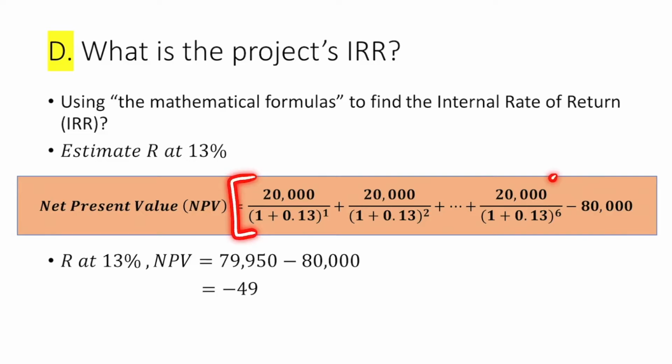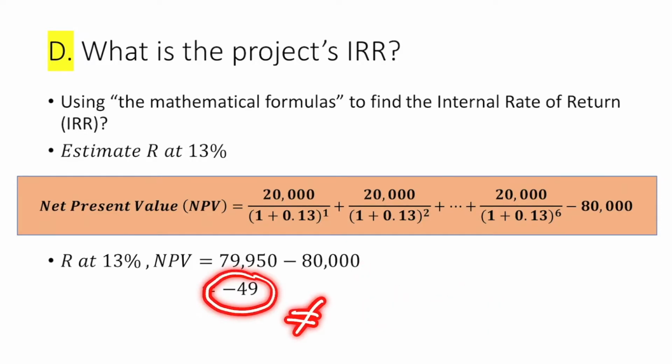That equals $79,950 minus the initial cash outlay, which is $80,000. So R at 13% equals minus 49, which is still not equal 0.